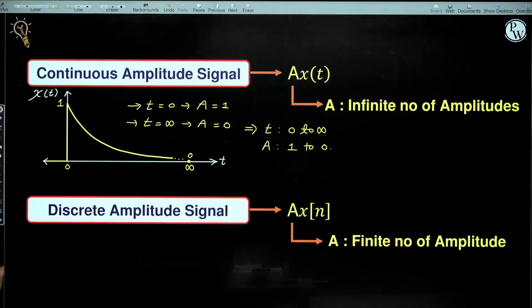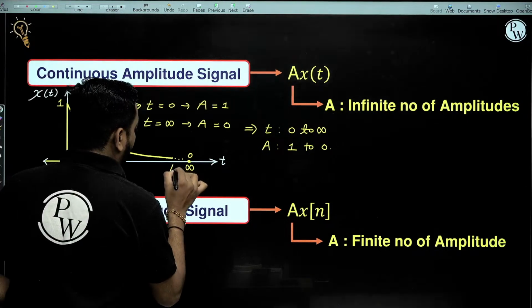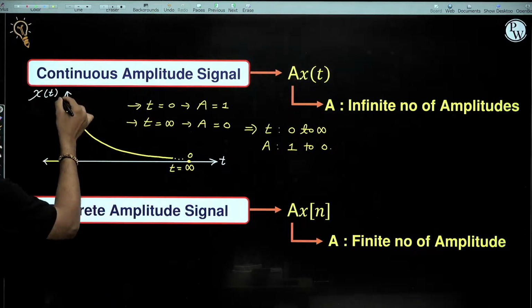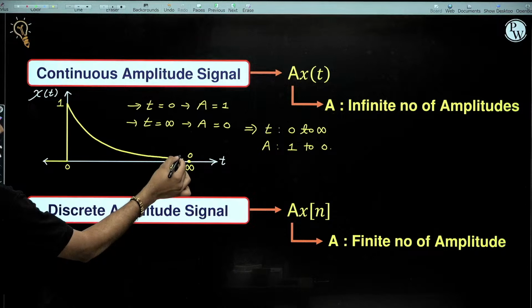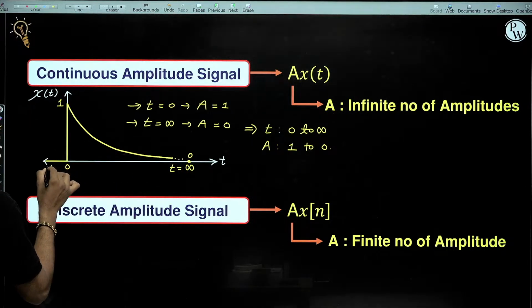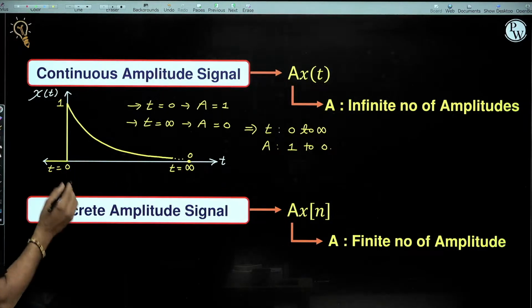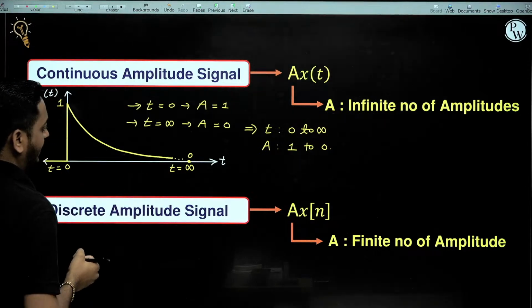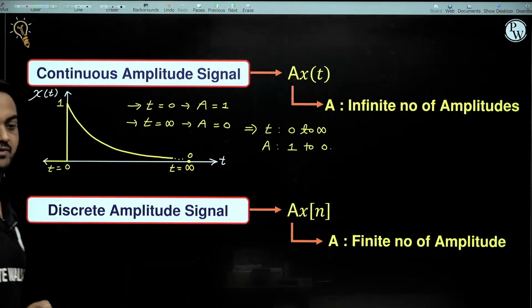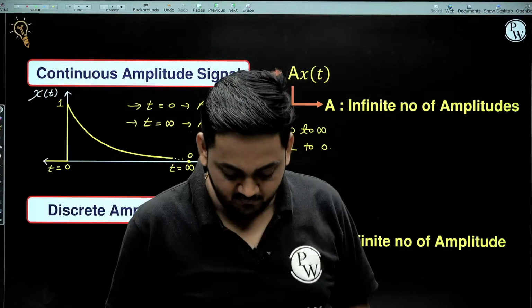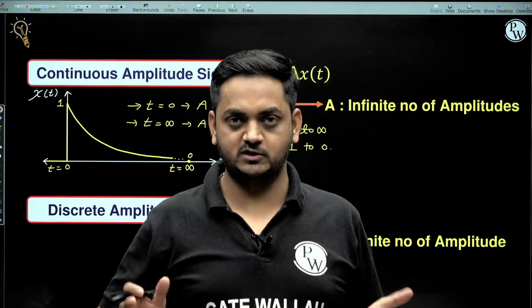So tell me guys, how many amplitudes are possible between 1 and 0, or from t equal to 0 to t equal to infinite? Infinite or finite possibilities?